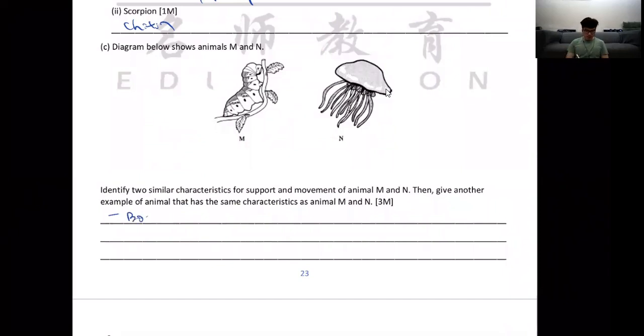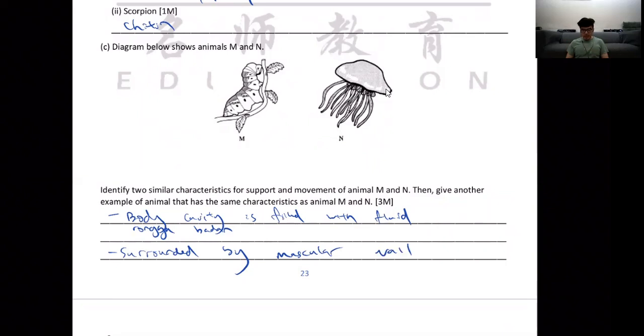Okay, their body cavity is filled with fluid. Rongga badan dipenuhi cecair. Body cavity is rongga badan. What does it mean by body cavity? Body cavity is the empty space inside your body. Cavity means empty space. If you have a cavity in your teeth, that means that it's rotten. Now, rongga badan dipenuhi cecair. Okay, it is surrounded by a muscular wall.